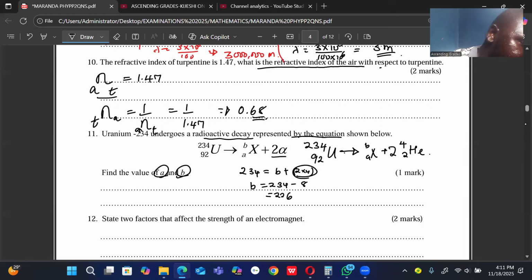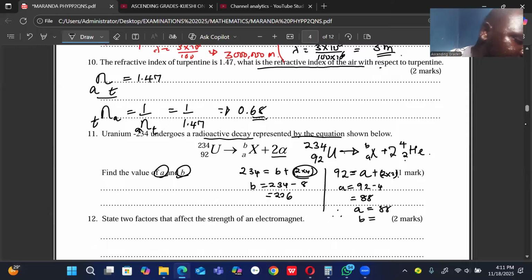Then for the second case, for the atomic numbers, 92 will be given by A plus 2 times 2, which is 4. So my A will be 92 minus 4, becoming 88. And therefore, A is 88, B is 226.